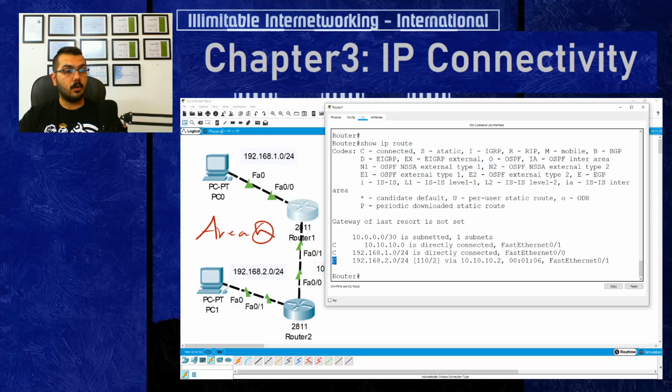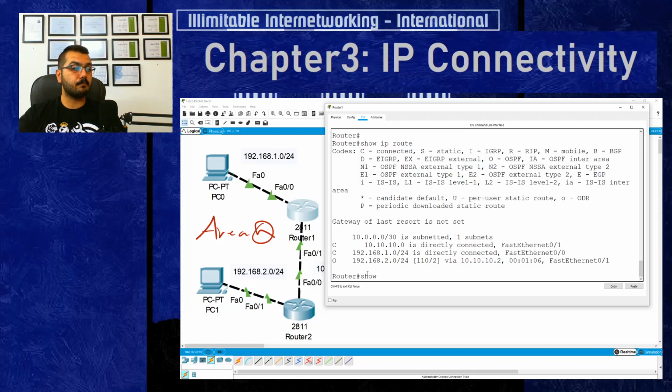Okay, using OSPF I can reach this network that has this subnet mask. The administrative distance is 110. FastEthernet will give you the cost of 2. Okay, using this next hop and using this link. So this is the first verification command.